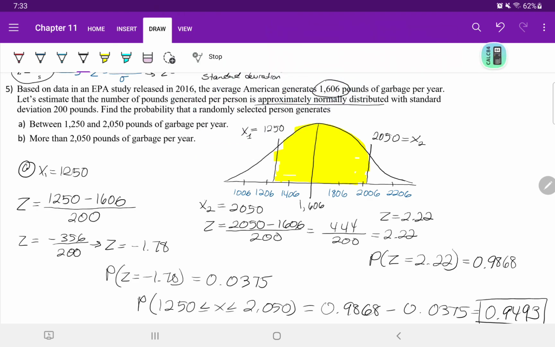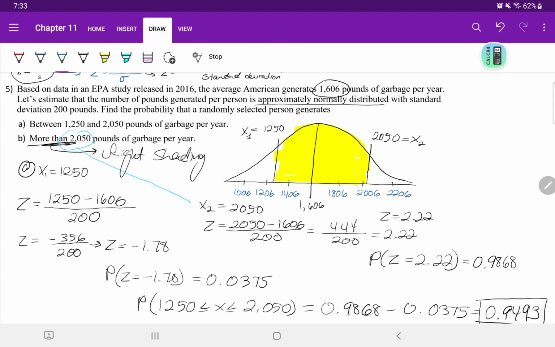It says, we want to find the probability that a randomly selected person has more than 2,050 pounds of garbage per year. This "more than" represents right shading. And remember, when it is shading to the right, you must subtract the probability of the given z-score from 1. We found the z-score already for 2,050 pounds.